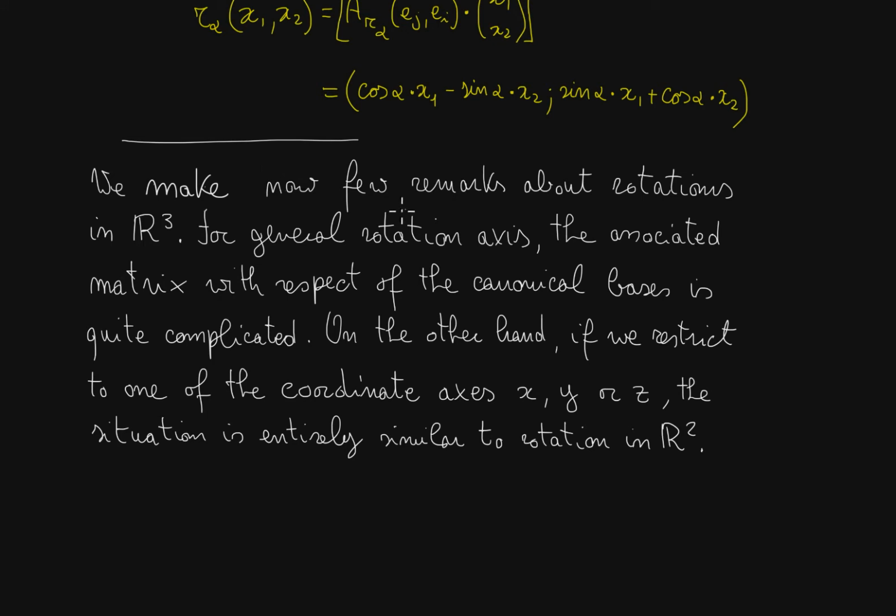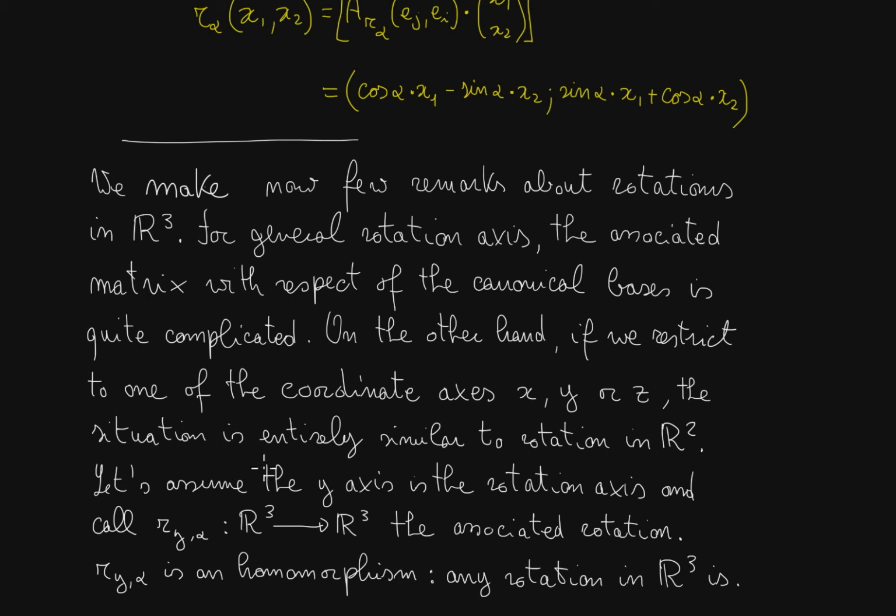We make now a few remarks about rotations in R3. For general rotation axis, the associated matrix with respect to the canonical basis is quite complicated. On the other hand, if we restrict to one of the coordinate axes, x, y, or z, as a rotation axis, the situation is entirely similar to the rotation in R squared.